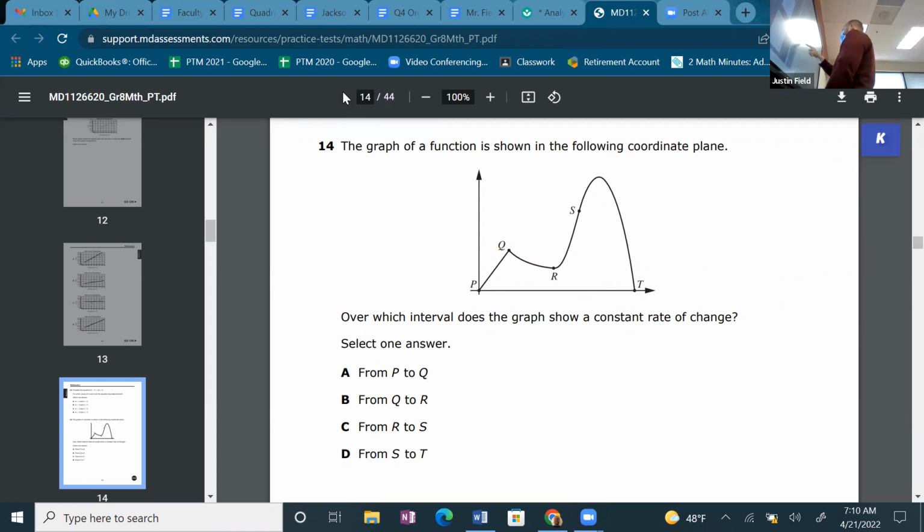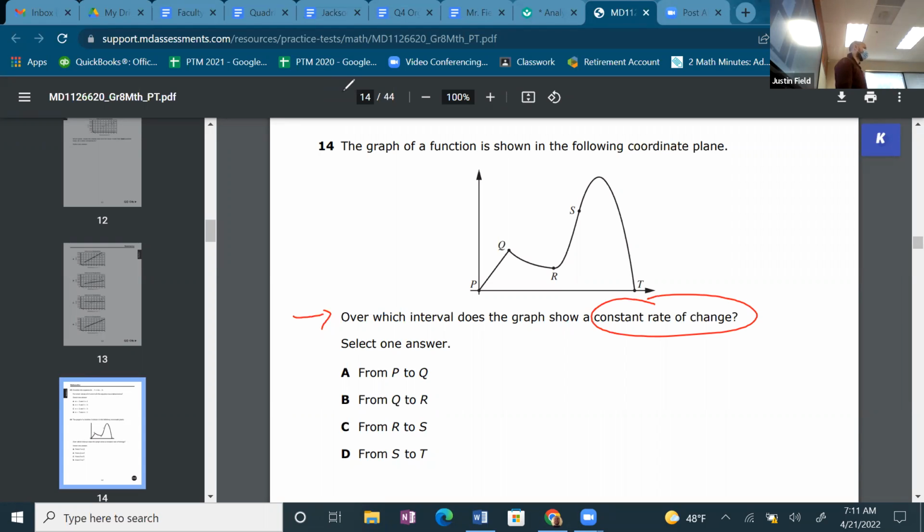Okay, so write it down and circle the keywords. What would the keywords be? Constant rate of change. Can you tell them what a constant rate of change is called in one word?